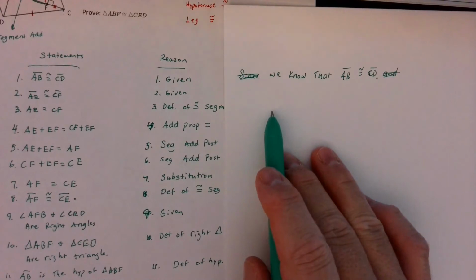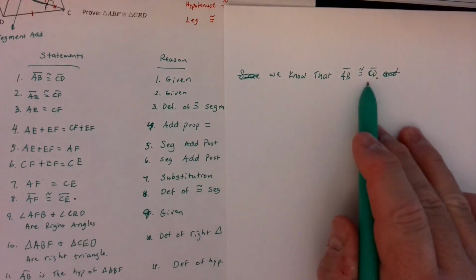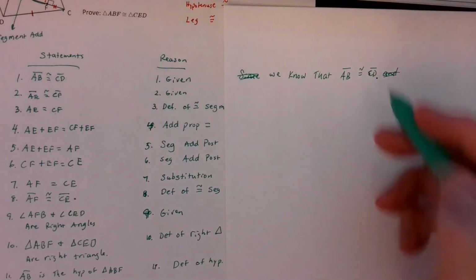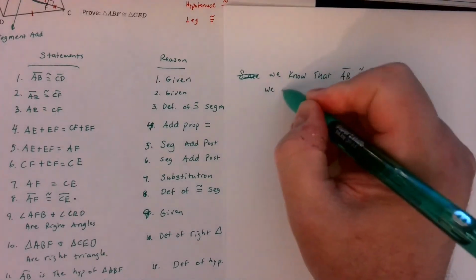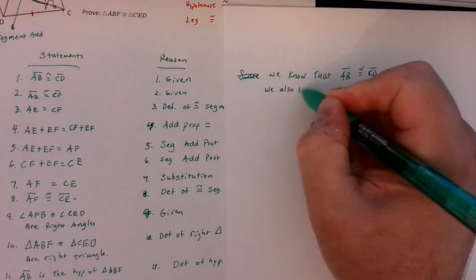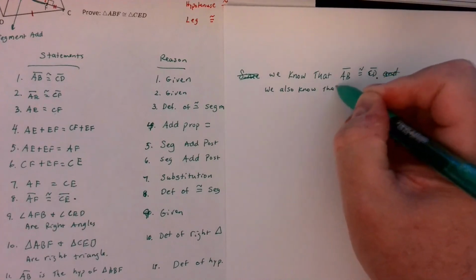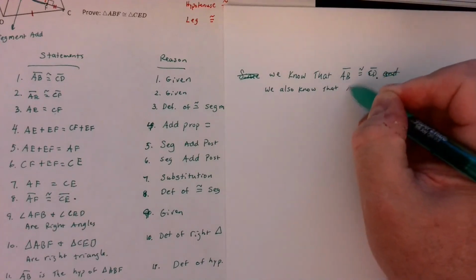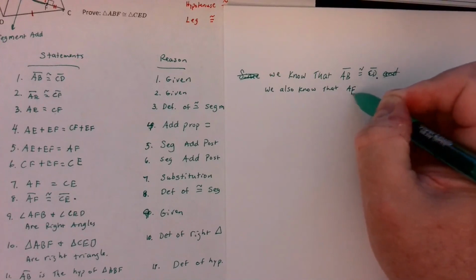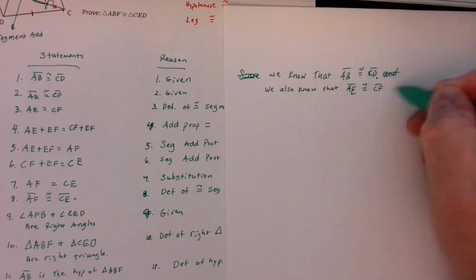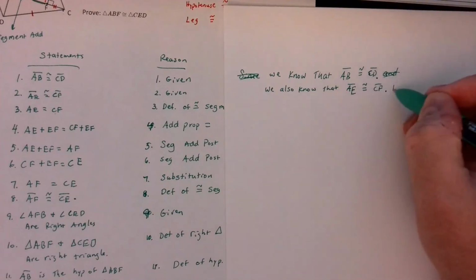So we know that segment AB is congruent to segment CD, and that's a given. So I mean, we know that, so that's a good statement. We also know that segment AE is congruent to segment CF because of this.